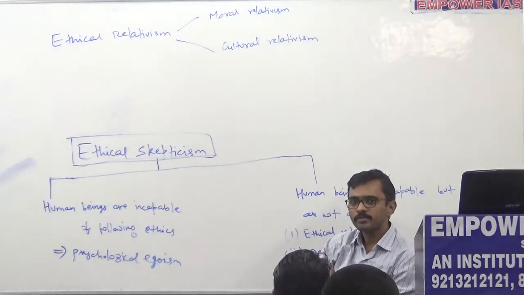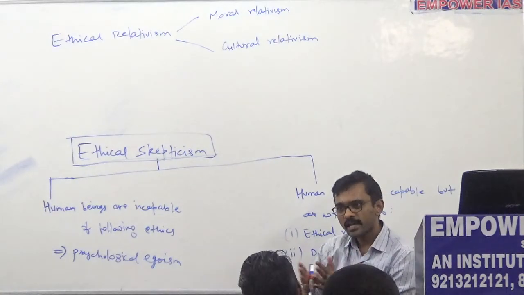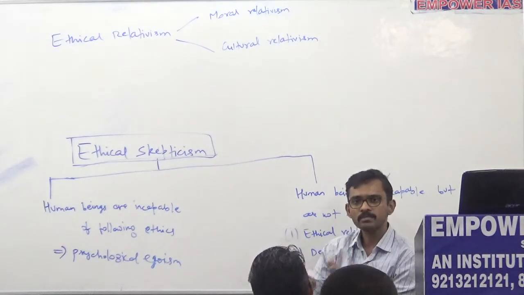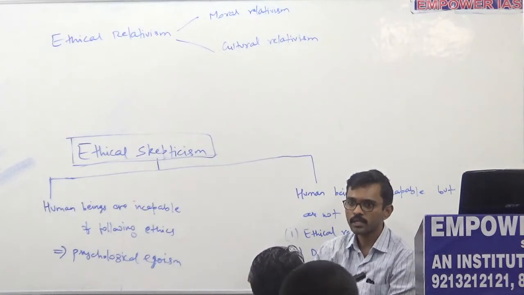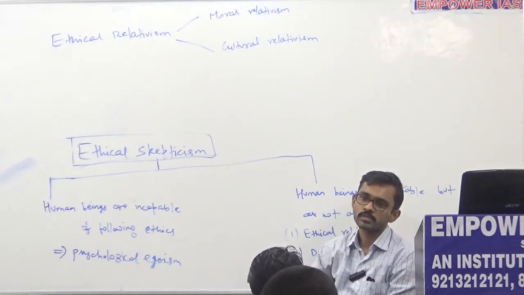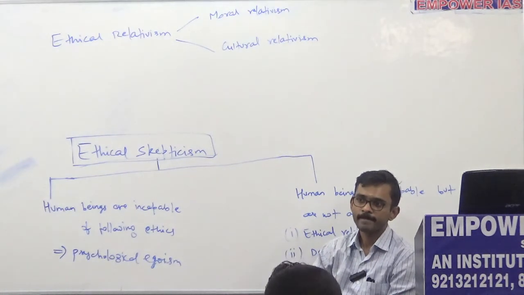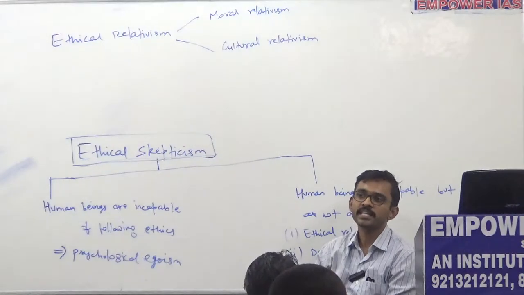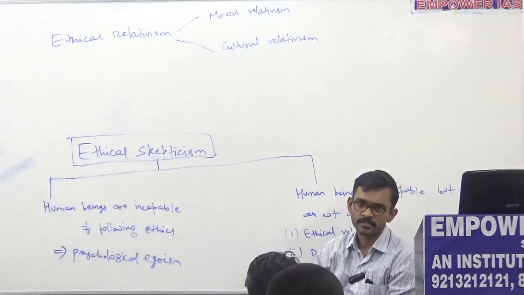The contemporary view is that although values differ from culture to culture, as we have discussed with examples, and morals differ from individual to individual, at the same time there are certain universal values and morals which have universal acceptance. So the contemporary thinkers have rejected ethical relativism.